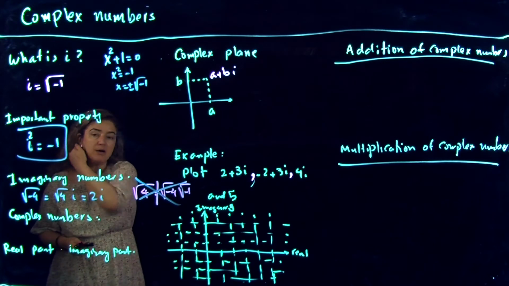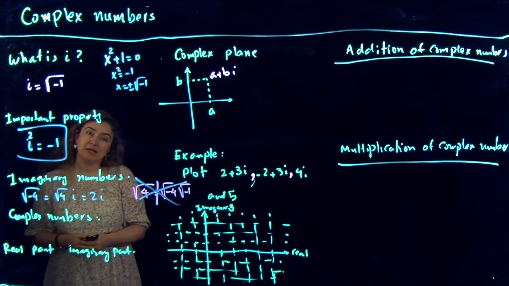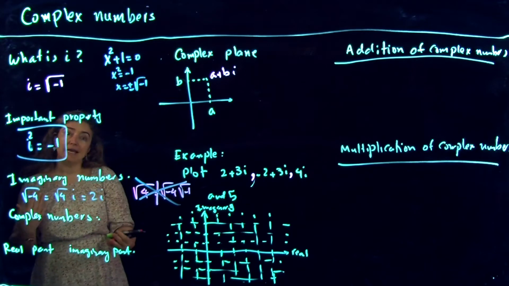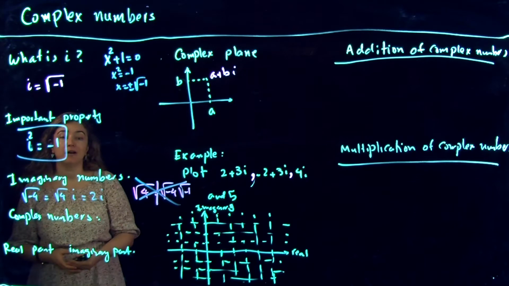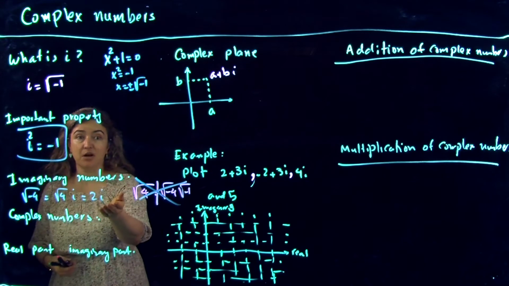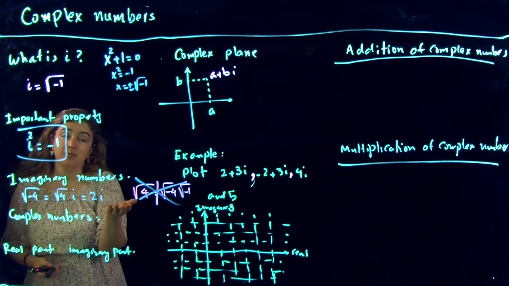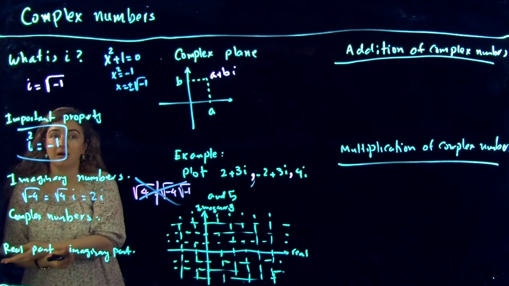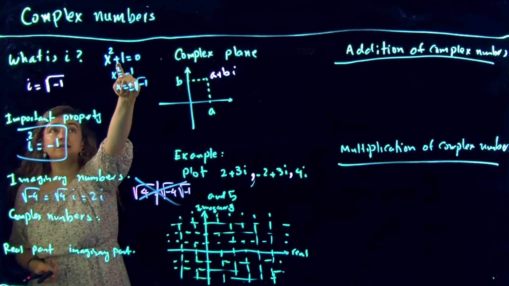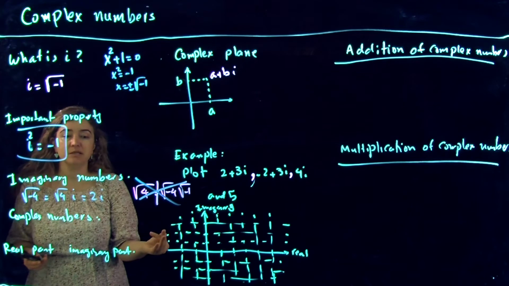And so now, what are complex numbers? So again, the solution of a quadratic equation which is not real, sometimes b is not 0. In this case, b was 0. Sometimes b is not 0.